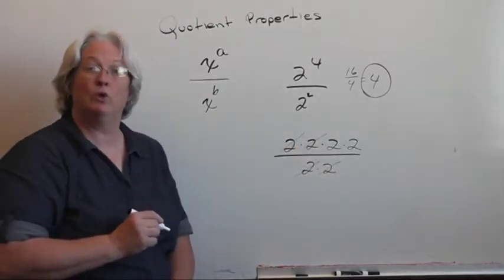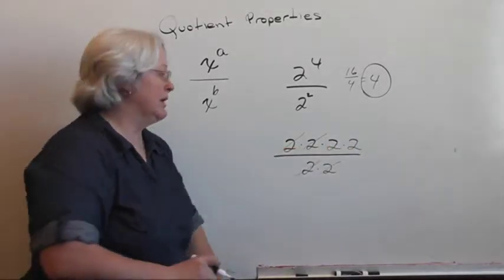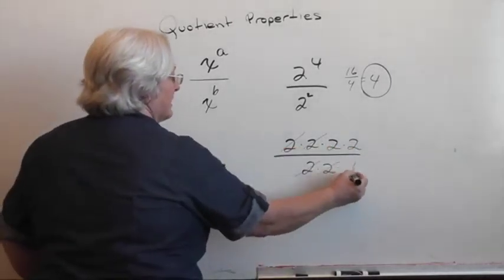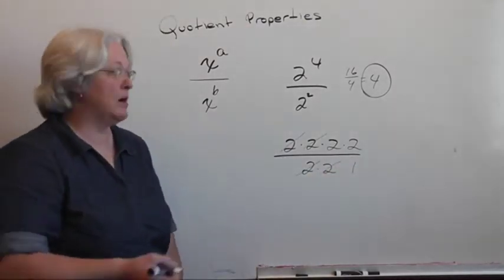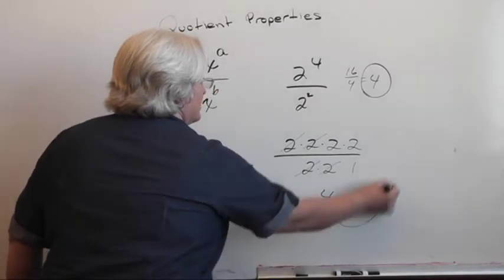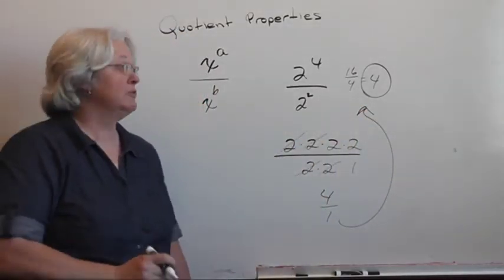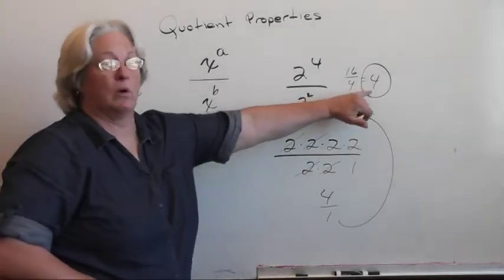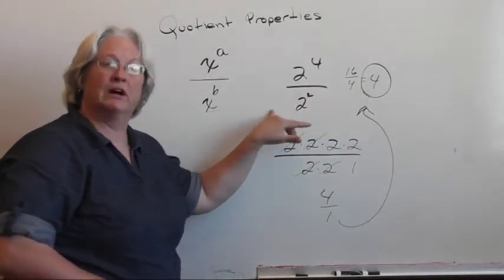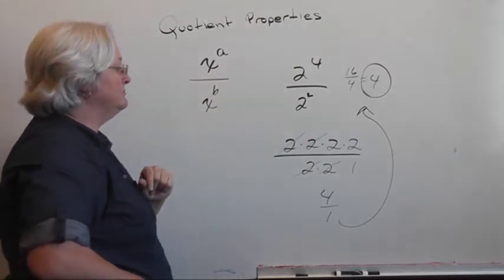What do we have left in the numerator? We have 2 times 2 in the numerator, and then of course there's a factor of 1 left in the denominator. So we have 4 over 1, which of course gives us a solution of 4 to our initial problem, which was 2 to the 4th divided by 2 squared.